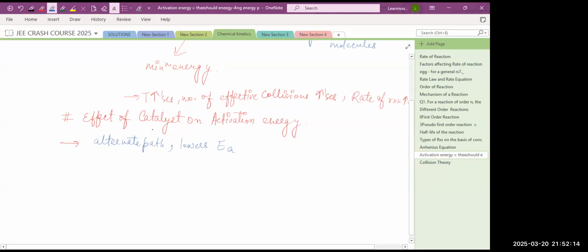What I said, when we add a catalyst in a reaction, it provides an alternate path, which lowers down its activation energy, and this allows a number of reactant molecules to cross over the energy barrier and transform into product. So these are the effects of a catalyst on activation energy. When you add a catalyst, the activation energy lowers down by providing an alternate path to the reaction. Clear?